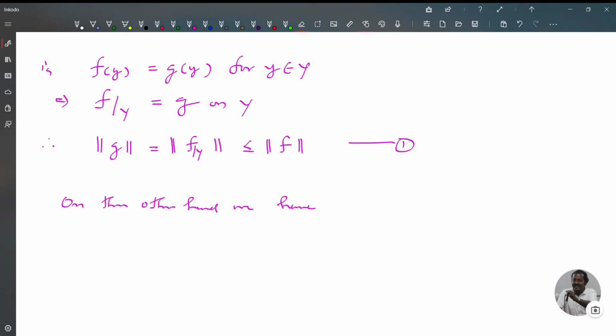On the other hand, we have E intersection the zero space of g is empty.